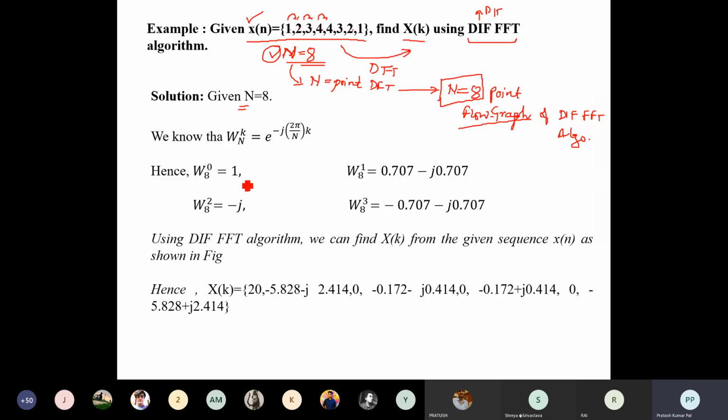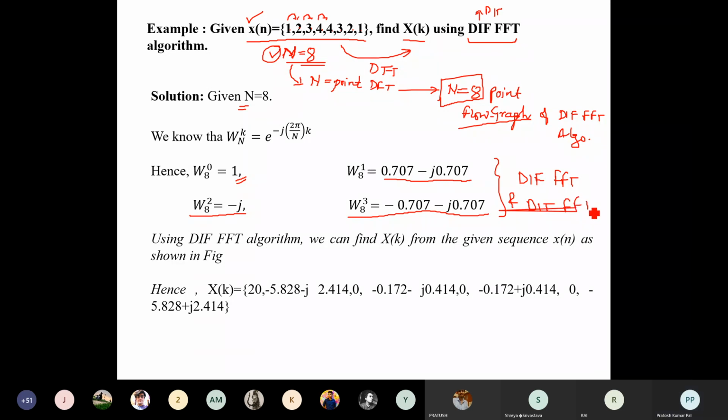So W8^0 is equal to 1, W8^1 is equal to 0.707 minus j 0.707, W8^2 is equal to minus j, and W8^3 is equal to minus 0.707 minus j 0.707. These four values will be required in case of DIF FFT, and also in case of DIT.